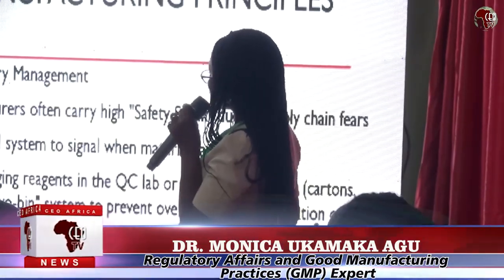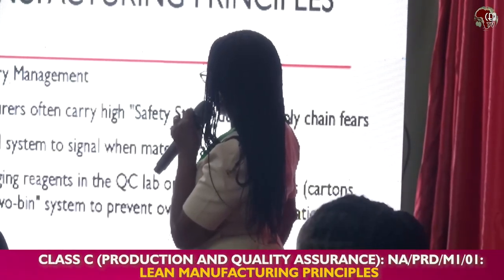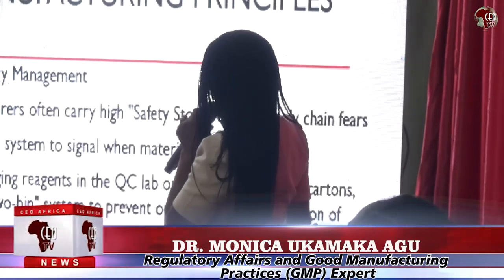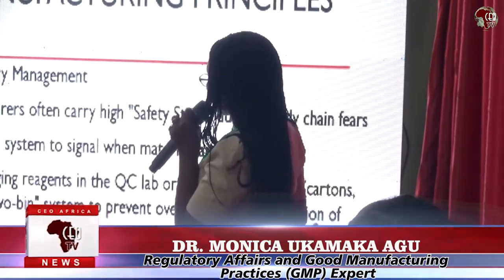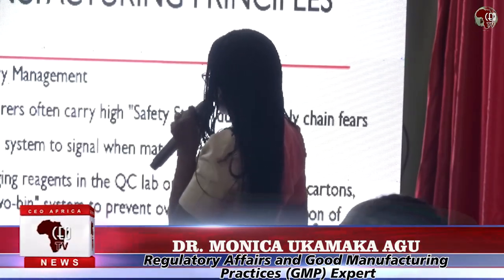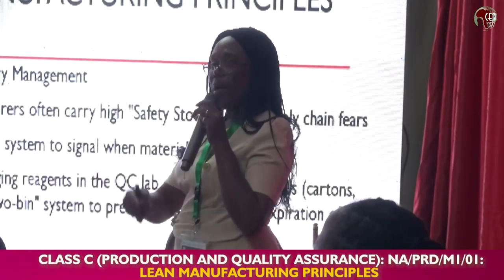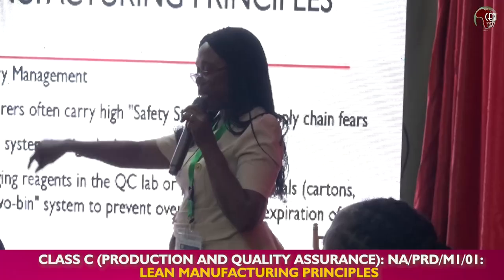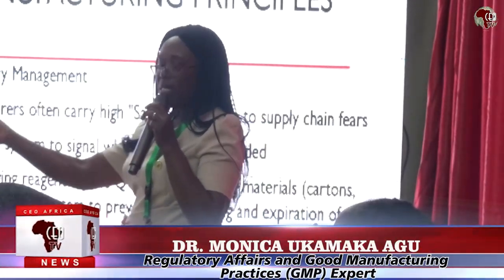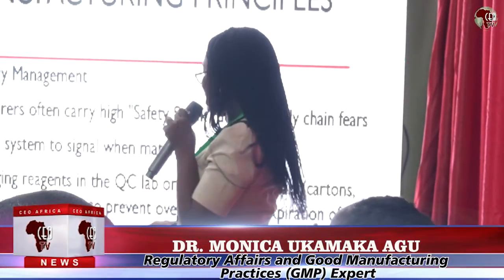Next slide. The Kanban for inventory, we've talked about it. The pharma industry carries a high level of safety stock due to supply chain fears and all of that. Kanban uses a pull system to signal when materials are needed. Like I said, managing reagents in the quality control lab, if you have maybe two sections where you keep particular reagents, by the time you pick up this and the remaining one, it's a signal that you should order a replacement so that you never run out of stock.